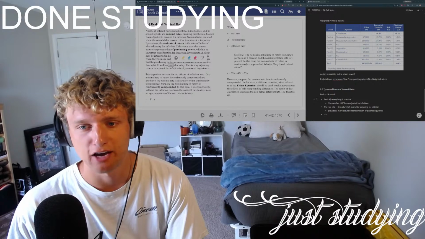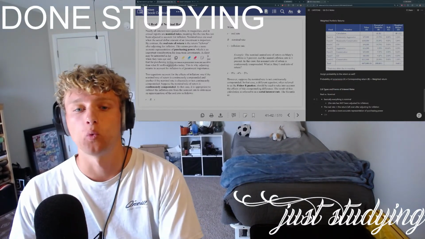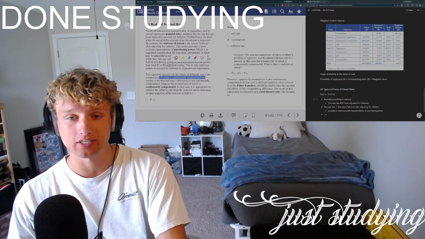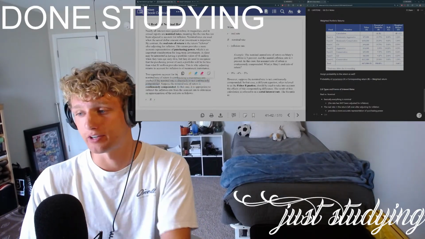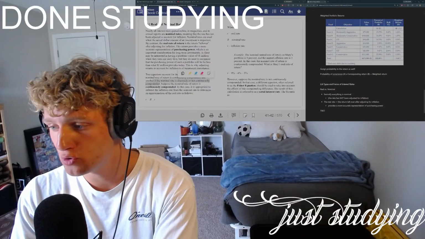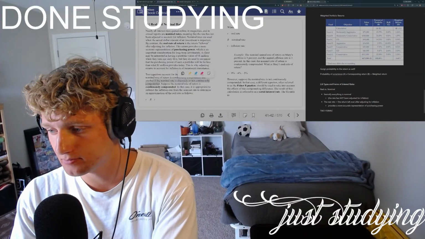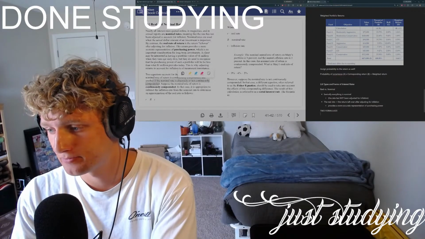Two equations account for the effects of inflation. One, if the nominal rate of return is continuously compounded, and another if the nominal rate is discretely, or not continuously, compounded. Two formulas.